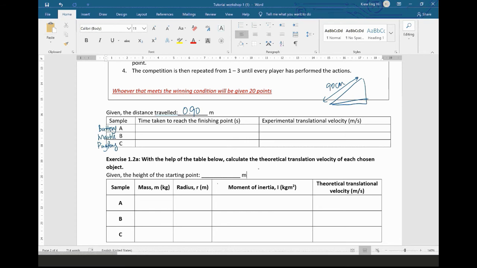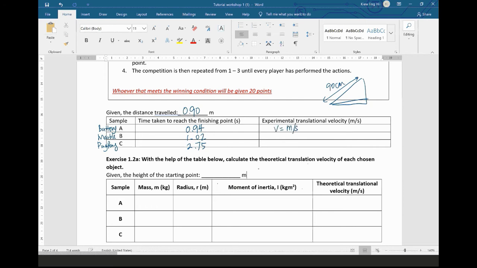We also have the time for each of them: 0.94 seconds for battery, 1.02 for marble, and ping pong uses 2.75 seconds. When we want to calculate the translational velocity, velocity equals displacement over time, isn't it?